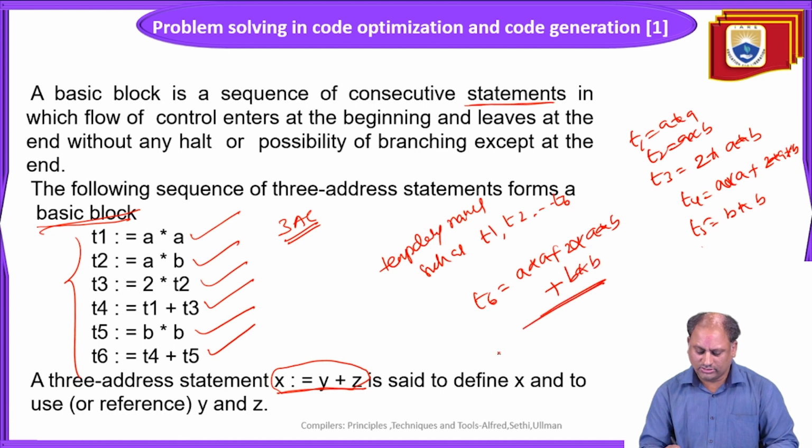Now this is the given statement. This statement is to be addressed into a 3 address code notation within the basic block. So we have defined several temporaries and made use of them.